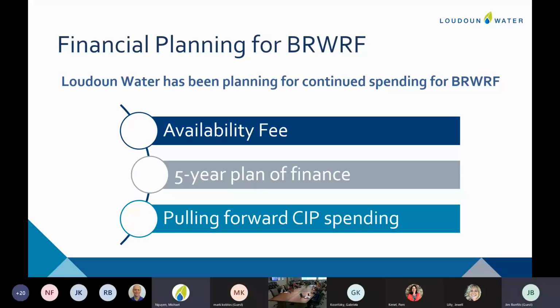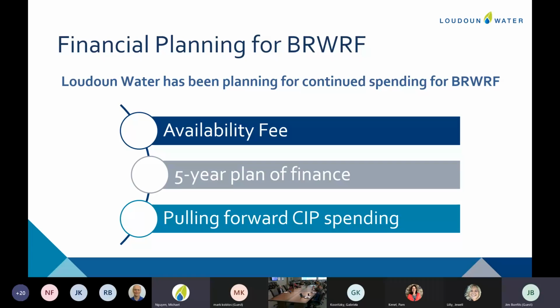We'll be taking a look at that fee, probably providing some updates to it as we get closer numbers. But this expansion is already in there. We've been collecting for this through the availability fee ever since it was part of our master plan.